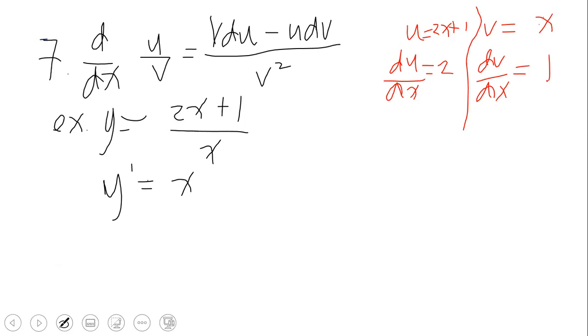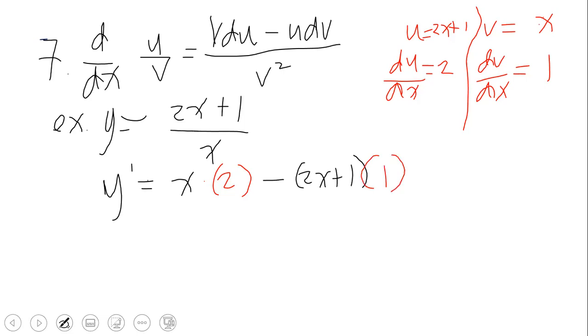So perform natin differentiation for this number. So x, so you also have the variable x as v. So v, the derivative of u, which is 2, times 2 minus u. Ang u natin is yung 2x plus 1. Then the derivative of v, which is equal to 1.